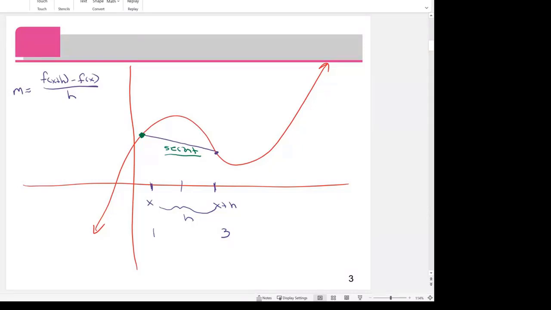But I can also want to find what we would call a tangent line. And a tangent touches the graph at exactly 1 point on any curve.